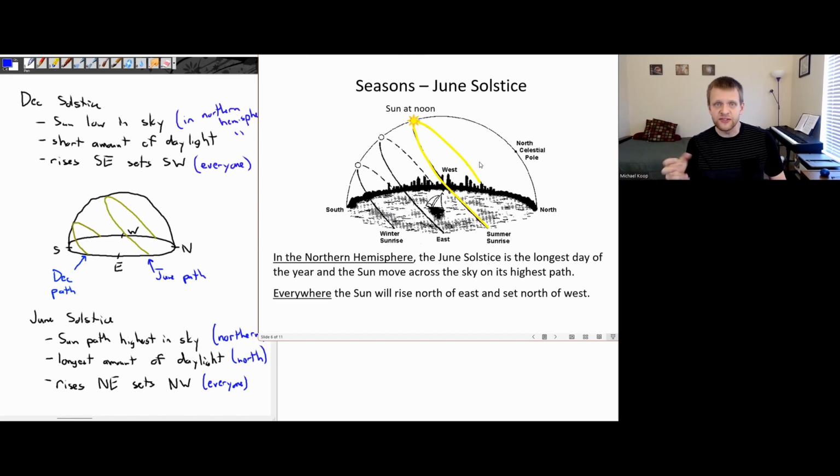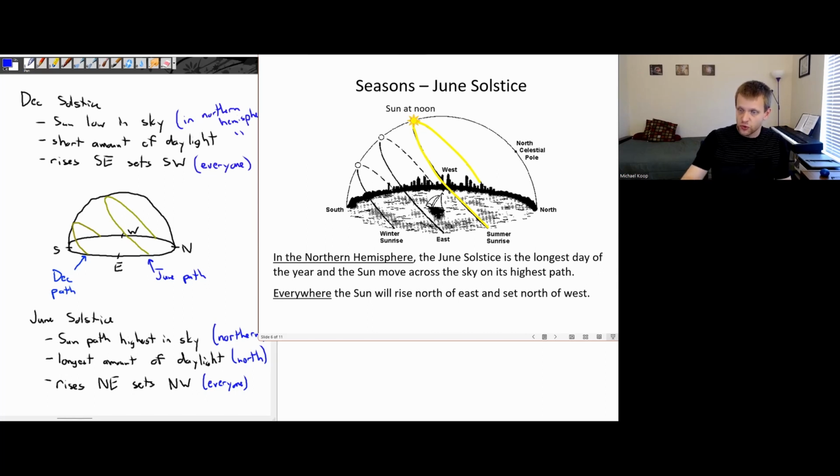Solstice literally means sun stops. So as we go through April, then May, the sun is rising and setting higher and higher in the sky, and eventually gets to this June solstice where that pattern stops. And after the June solstice, now as we get into July, it's going a little bit lower in the sky. August, a little bit lower in the sky, and it kind of switches that position.